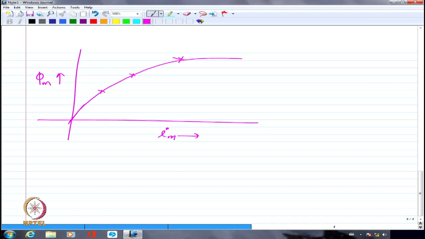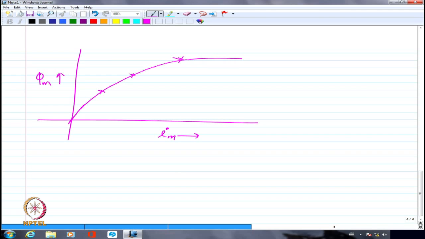So initially I am just applying a voltage V1. The transformer primary winding is energized. When it is energized, it is going to establish a flux. That flux established is phi m. That is confining itself to the core. And the secondary winding is linked with that flux, because of which you are going to get a voltage V2 induced.